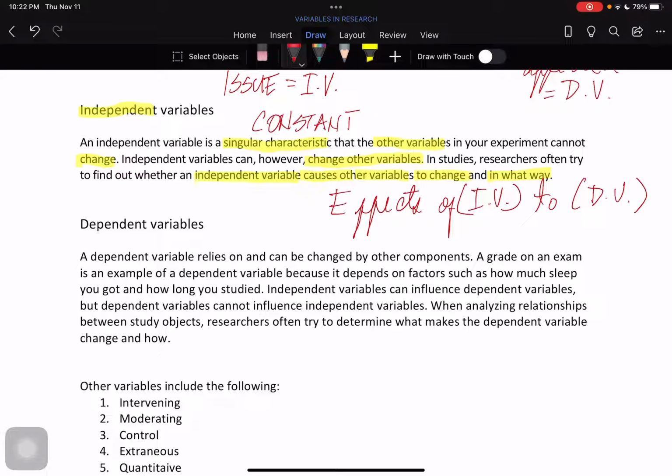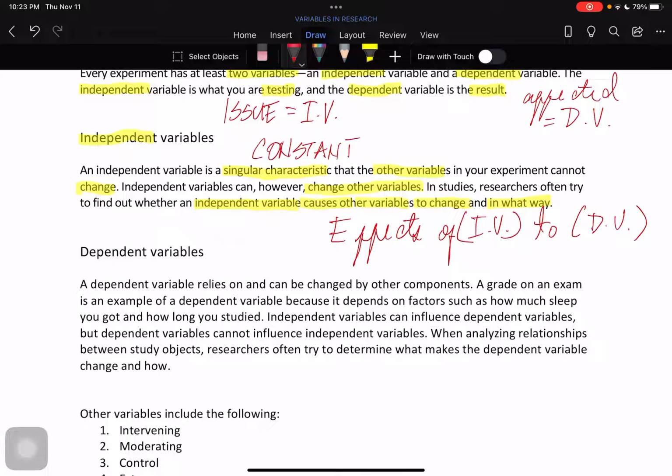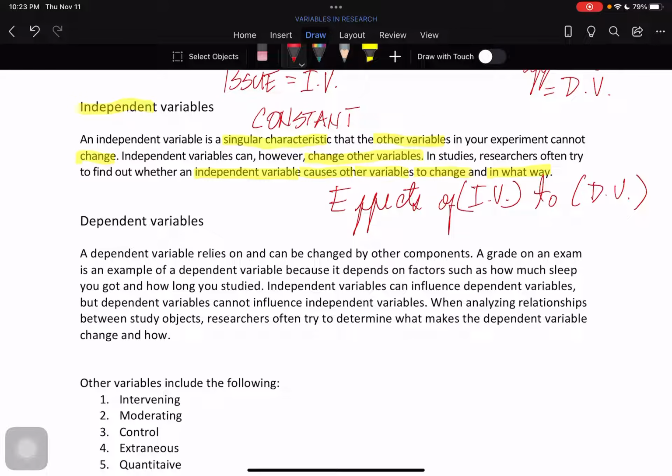So again, the independent variable is the issue at hand, while the dependent variable is the one being affected. This is where you will find the result of the effect of the independent variable on the dependent variable. Basically, this is the characteristic of what we call an independent variable.